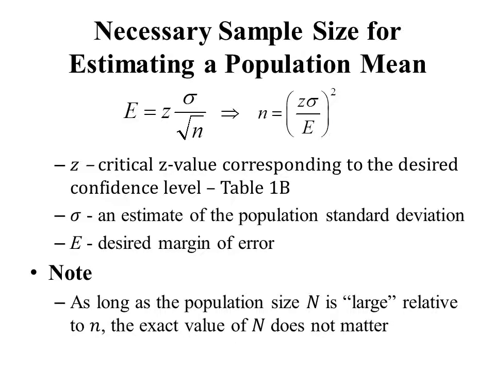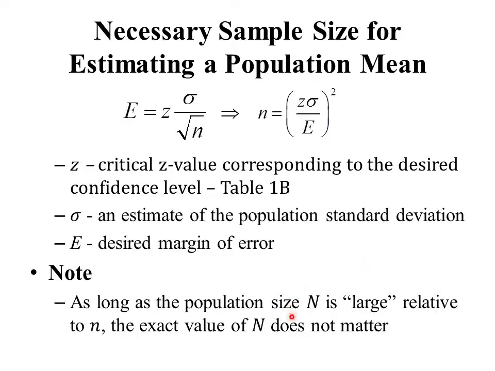Now, one thing that we want to note here is that the population size just doesn't matter. As long as the population size is large relative to the sample size, then the exact value of the population size just doesn't matter. We often think that if we have a larger population, then we need a larger sample size, but this formula here illustrates that that's not the case.